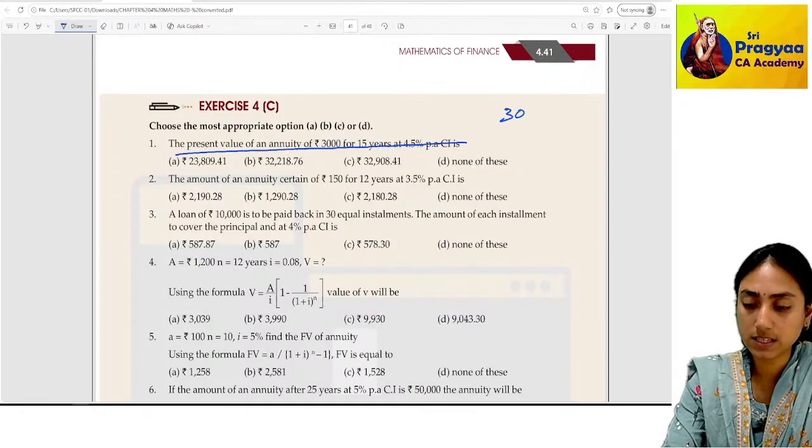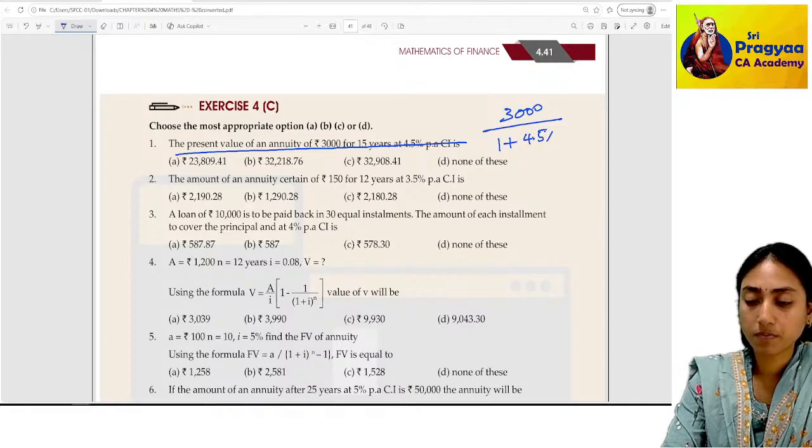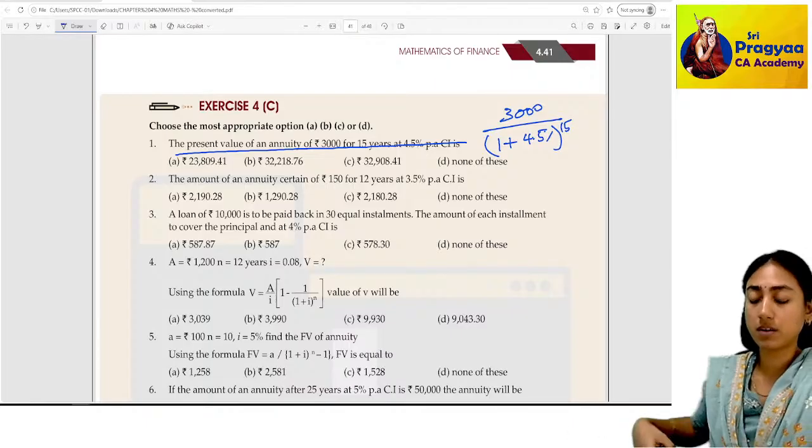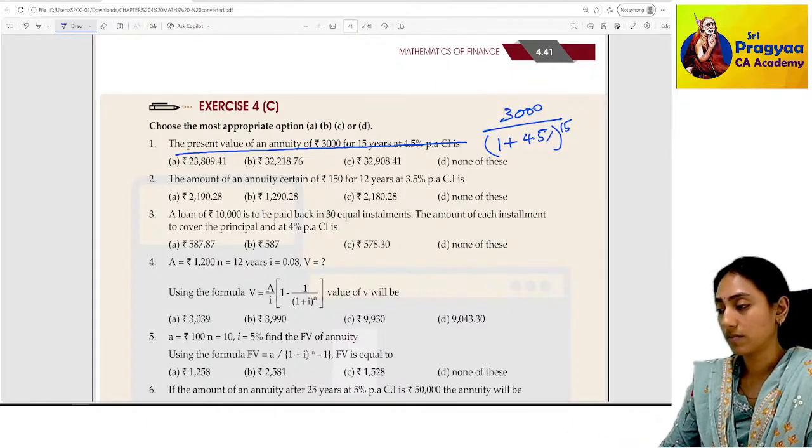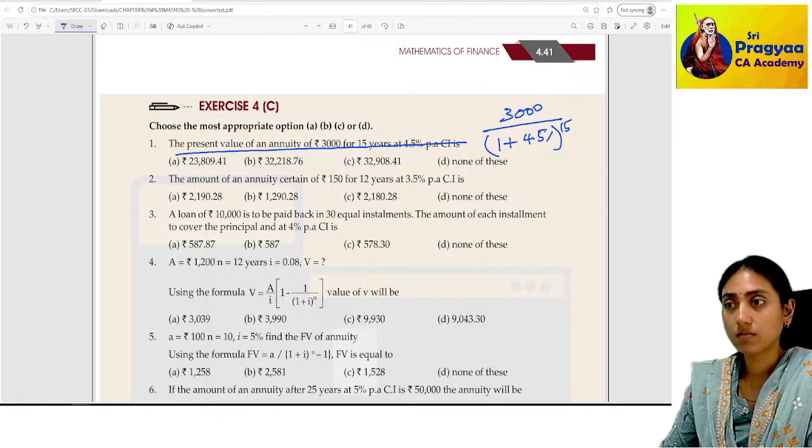My annuity is 3000 divided by 1 plus divided by 15. I mean raised to the power of 15 will give me 263, yeah.